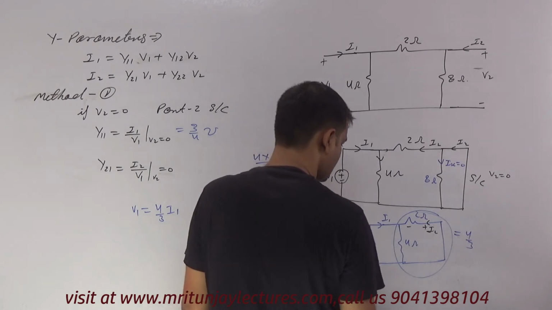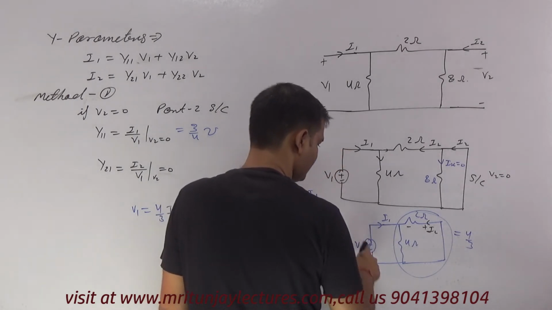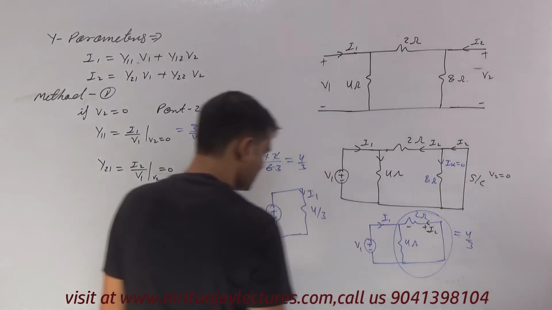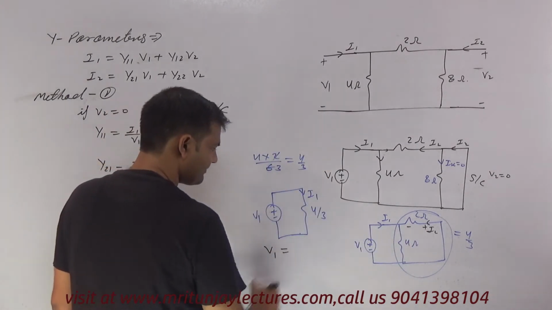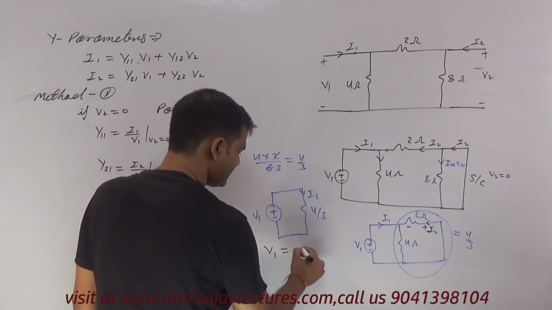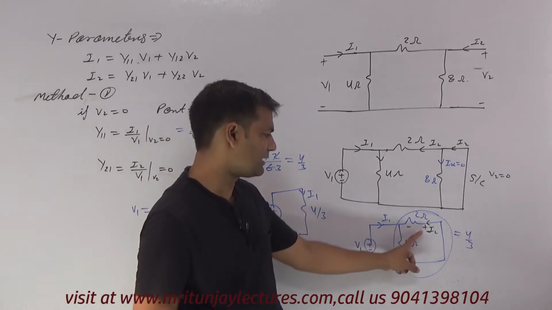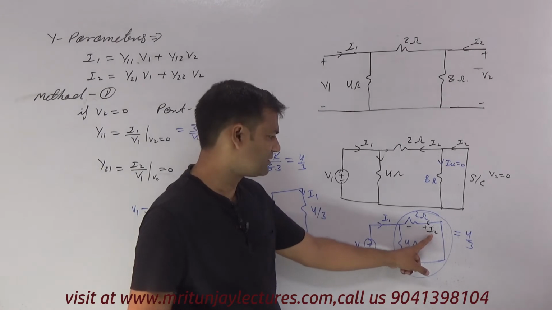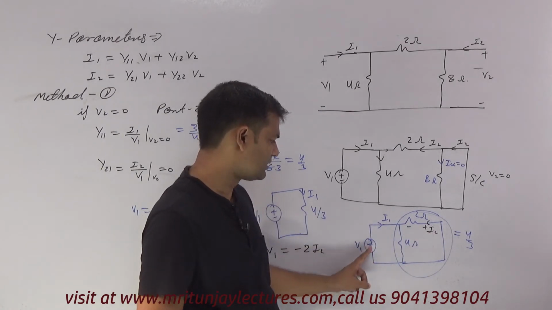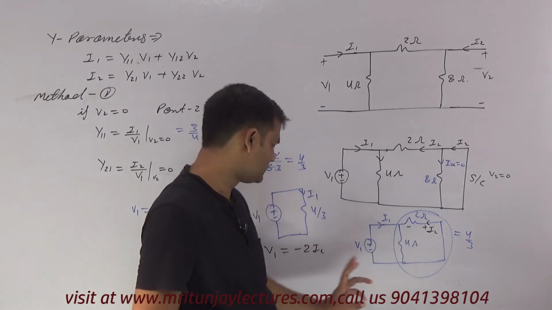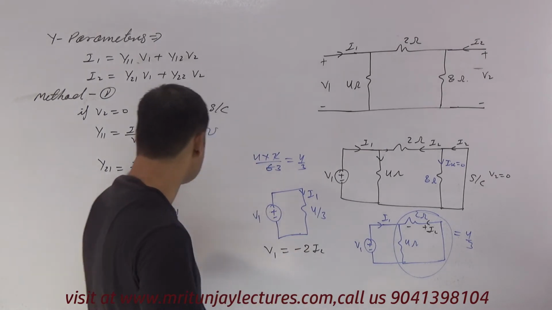And V1 is written as minus 2I2, because both are parallel, but the current direction is from positive to negative. That's why V1 is minus 2I2.